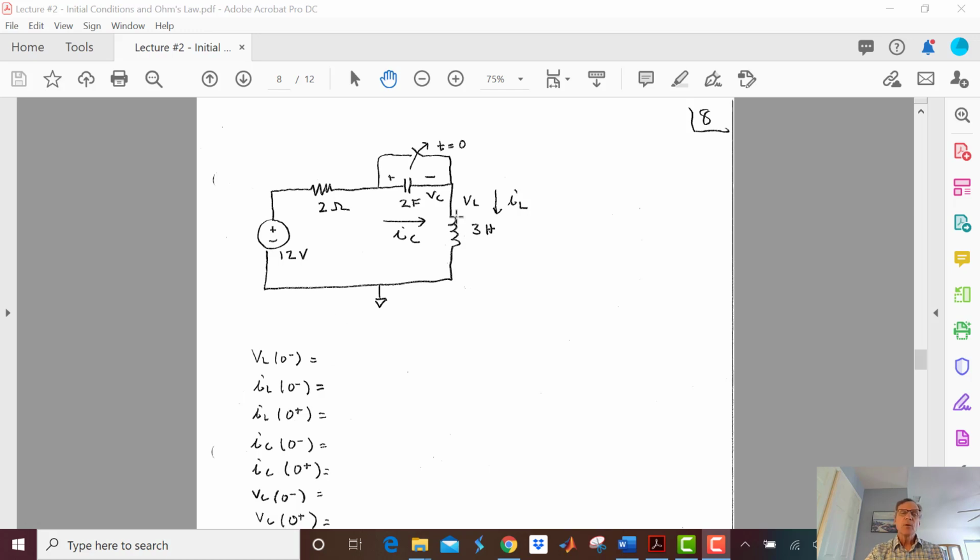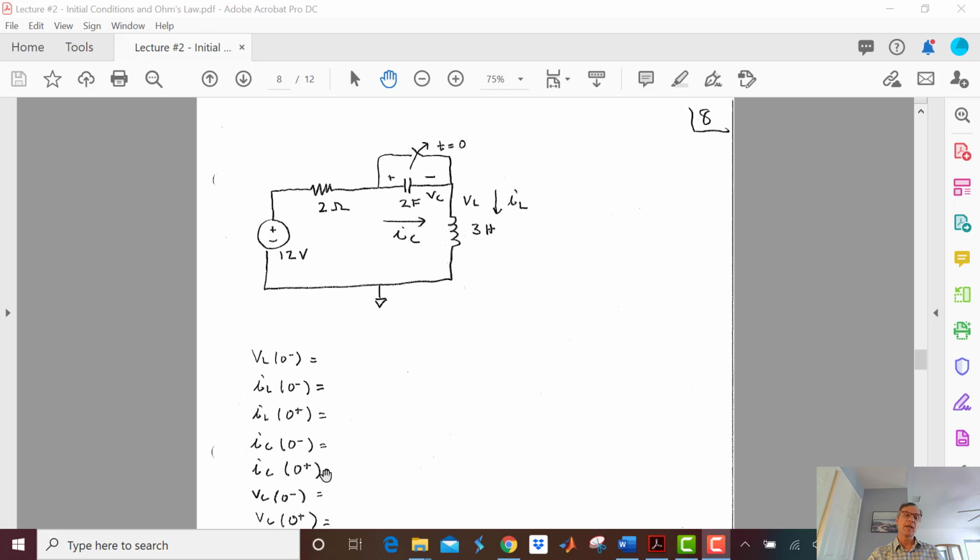We know that we can't change the inductor current quickly, and that inductor current was 6 amps. So the 6 amps that was going here now has to go through the capacitor because the switch opens. So IC at 0 plus is 6 amps. So we started with IC of 0, and then it went to 6 amps immediately.